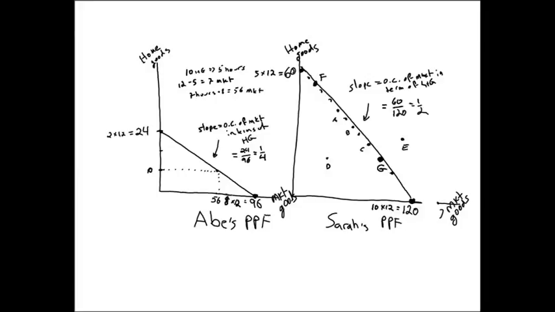So we've proved through this calculation that indeed this point here is a point on his production possibility frontier.